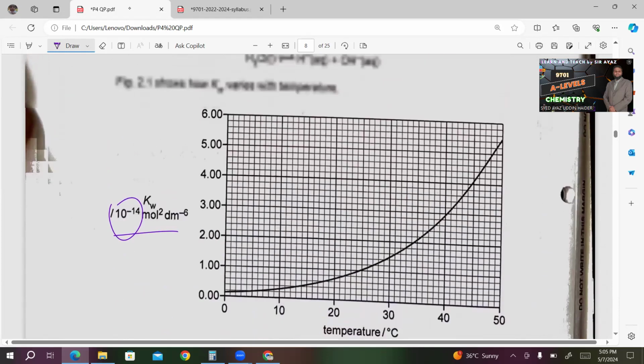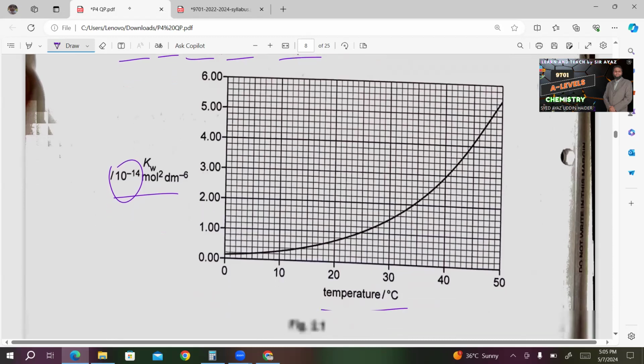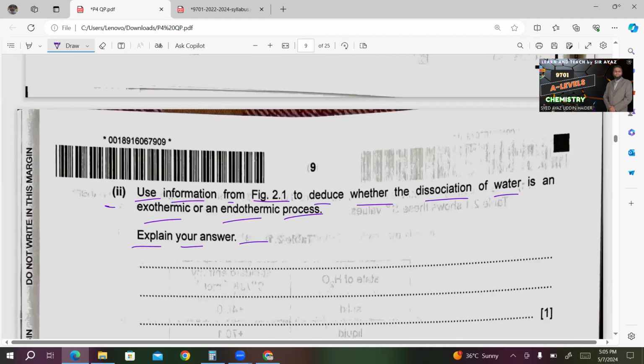So you see, as it progresses with the rise in temperature, the Kw is rising, which means that Kw increases with temperature. So first of all, you write it's an endothermic.